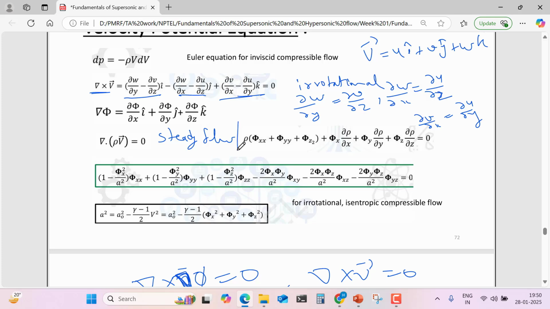This way we got the continuity. This is applicable for compressible flow. This will be applicable for steady compressible flow with irrotation.